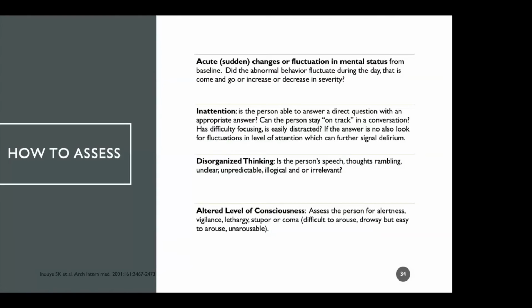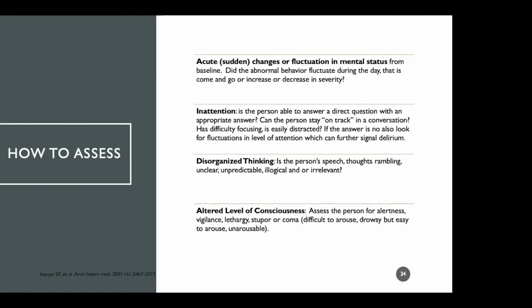Next slide. And here are some questions to ask when you're doing this CAM. For the sudden changes or fluctuation in mental states, you want to know what was their baseline. Is this different from their baseline? Did the abnormal behavior fluctuate during the day? That is, come and go, increase or decrease in its severity. So you're asking the staff or family member.